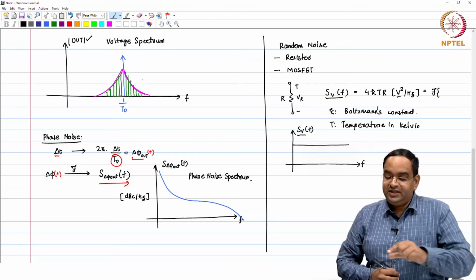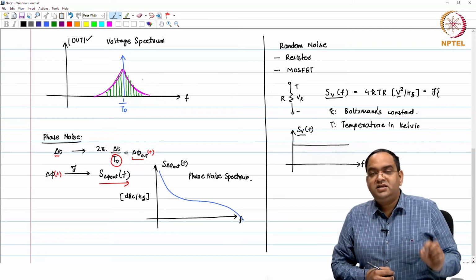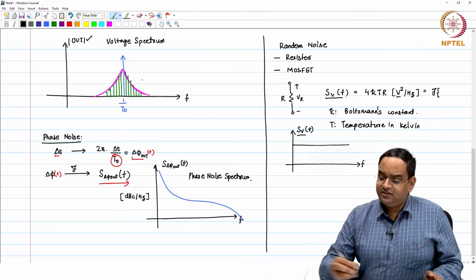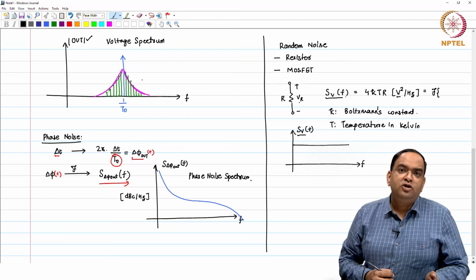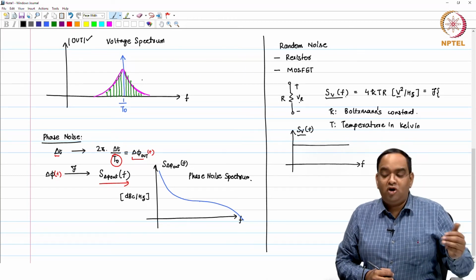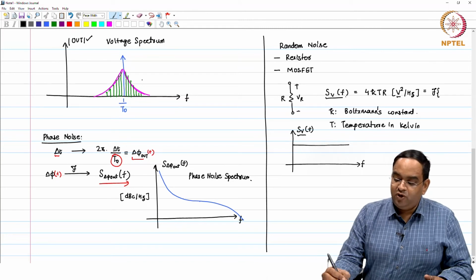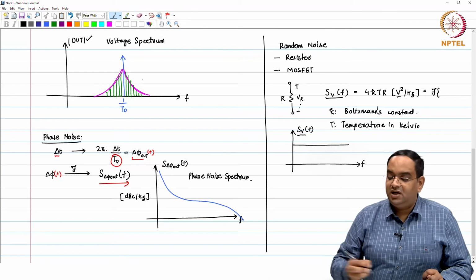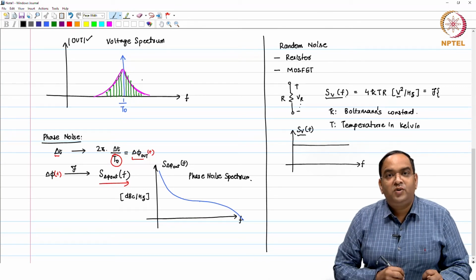Okay. If you just take the frequency spectrum of voltage, you will have only volt, but this is a random value. So, the way you measure it, you measure the Fourier spectrum of the autocorrelation of the voltage across the resistor, because this is a random value. Okay.